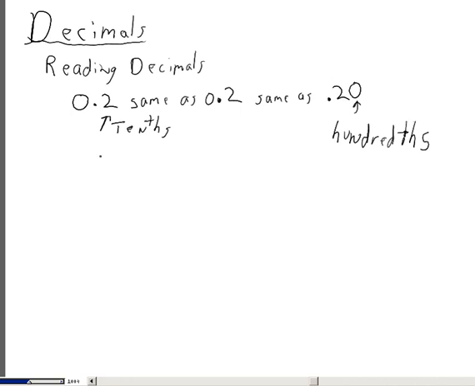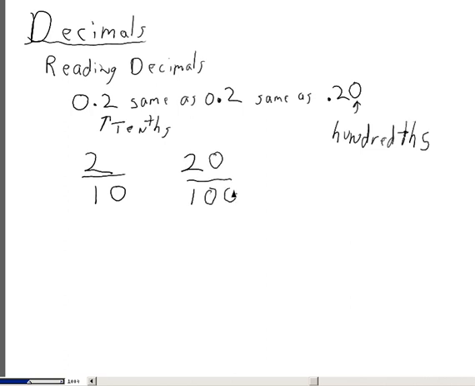Now let's write some of these out. This number right here is really the same as 2 tenths. So let me write that down here, 2 tenths. And this number over here is 20 hundredths. Well, let me write that down, 20 hundredths.